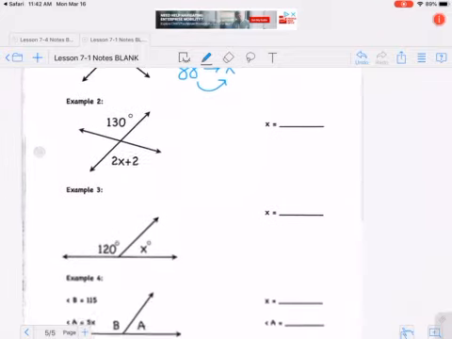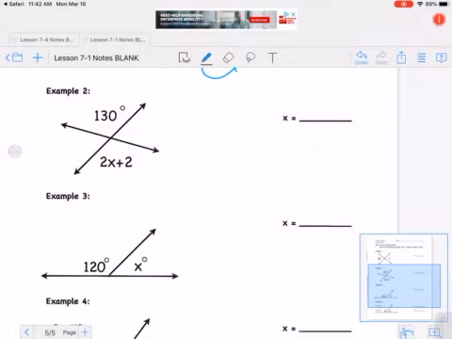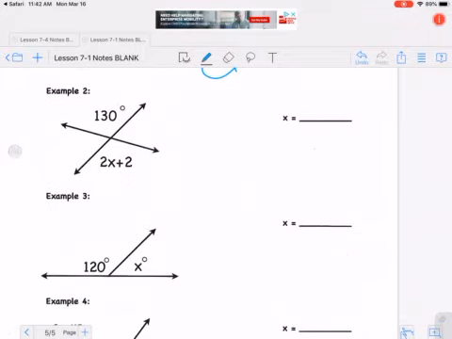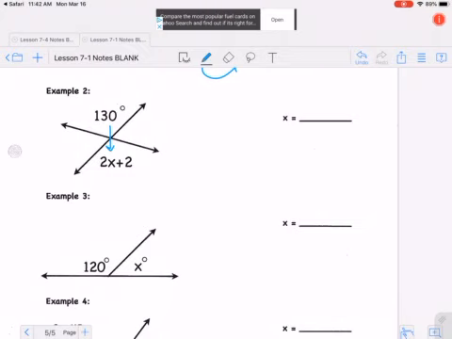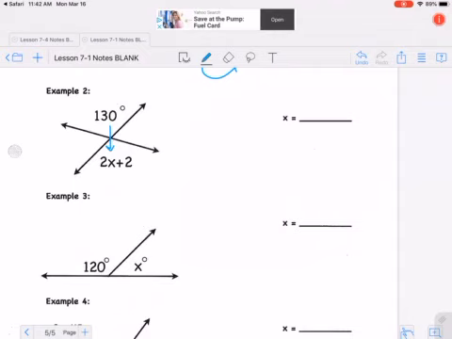Okay, our next one, these are also vertical angles because they are opposite of one another. However, this one's a little different because we have 130 and then we have 2x plus 2. So we're trying to find out what x is equal to. Since we know that they are congruent, we're going to set them equal to one another.